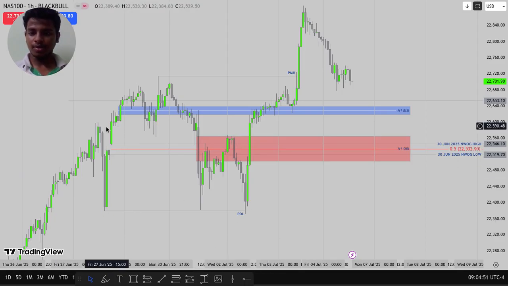This was Friday's low in the previous, I mean the last week of June. Market took that low and took this Tuesday low here and market started to go and clear this high one more time.